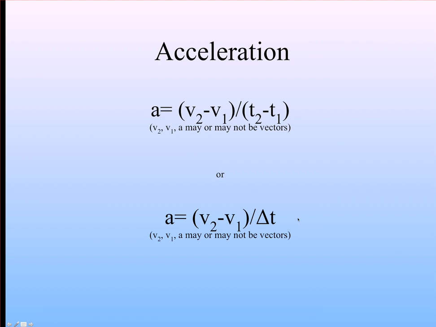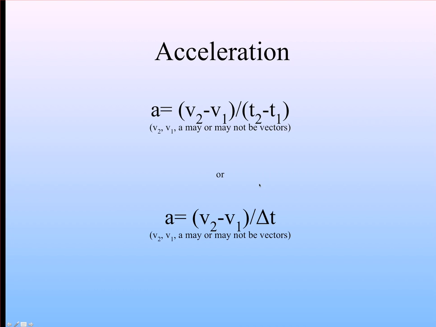And in terms of equations, we can mathematically calculate acceleration, be it a vector or a scalar, using these. Acceleration equals your final speed or velocity minus your initial velocity, divided by your final time minus your initial time.